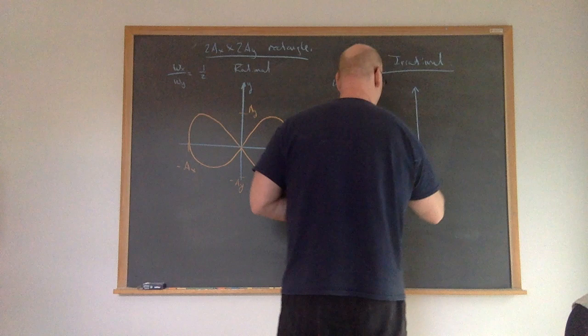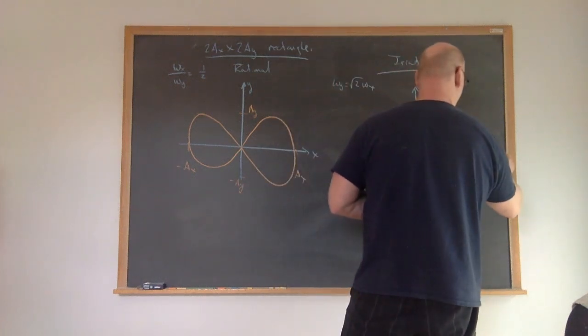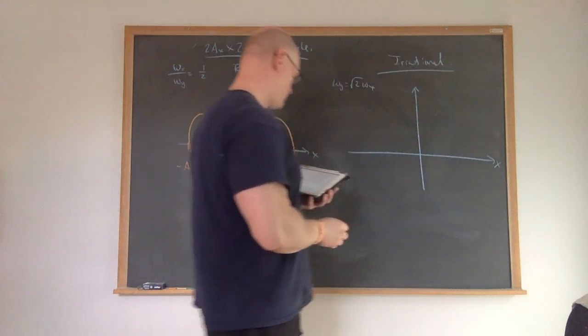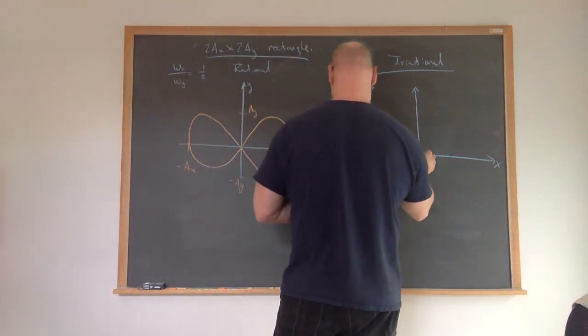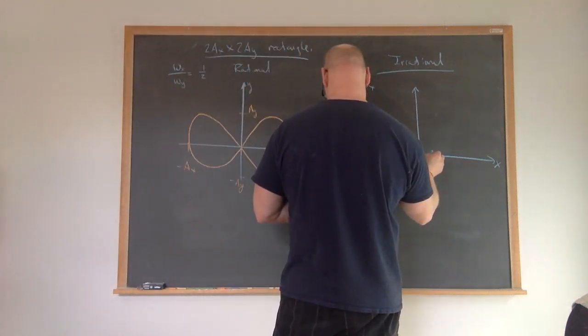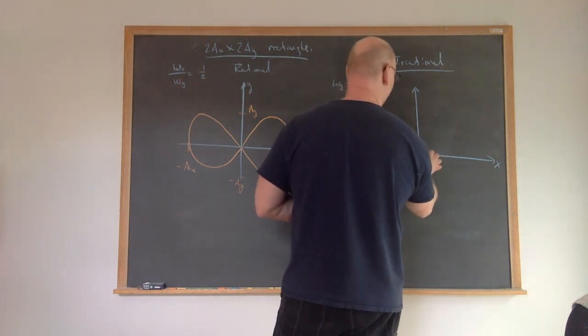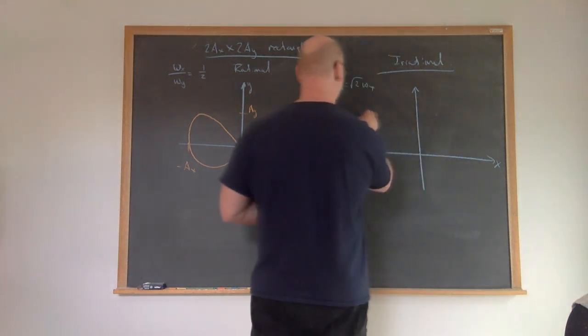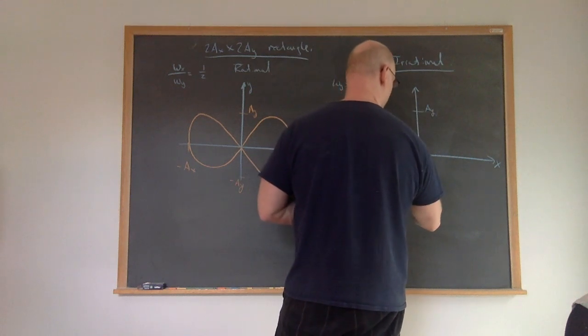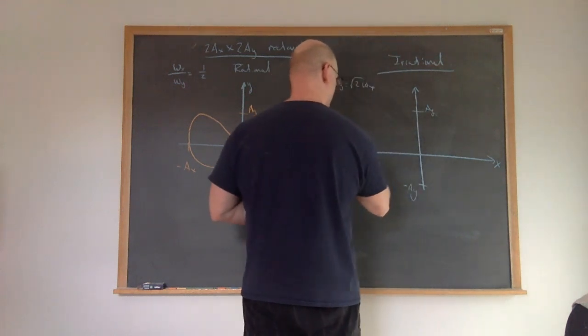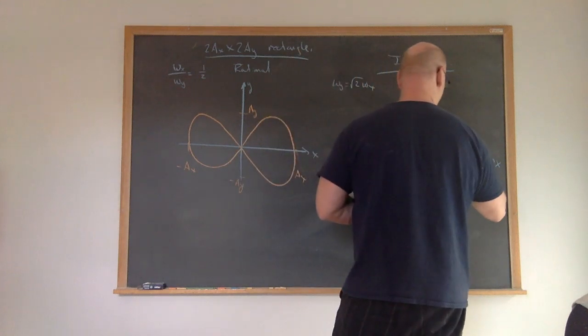If I look at the xy plane, this will start doing some sort of motion. It's kind of a hard motion to draw, but let's say this is ay, negative ay, ax, negative ax.